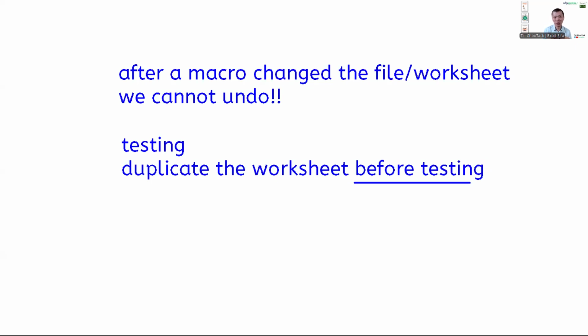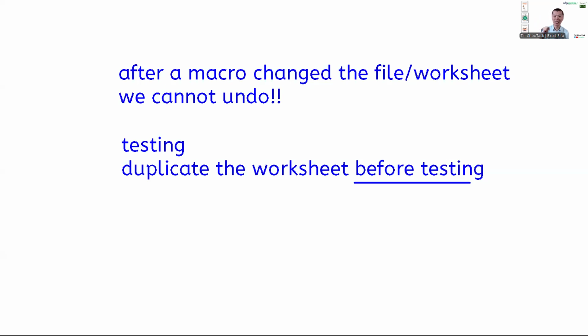So it's a bit troublesome. Rather than copying and pasting the original data, we just clone the original to a duplicate. Then we do the testing on the duplicate. If it's not working well, remove it, fix the macro, and clone again. Once we are happy, we save the whole thing. So that's the whole intention of testing.